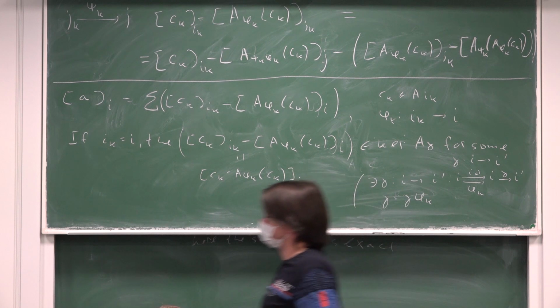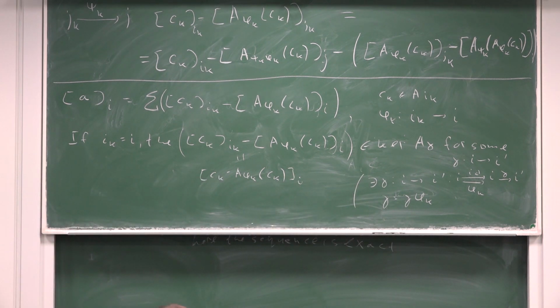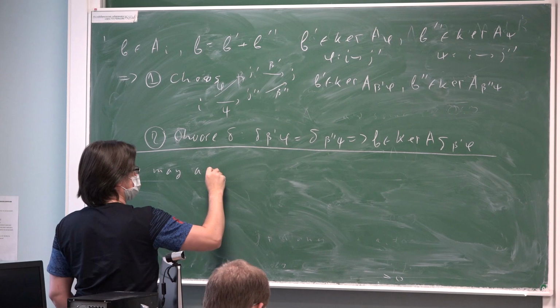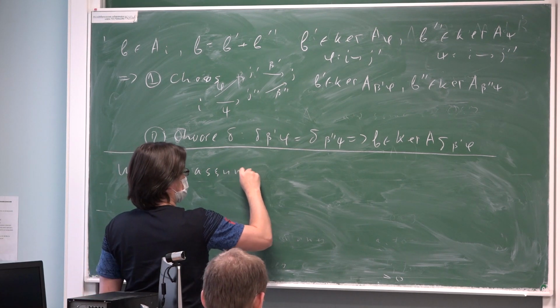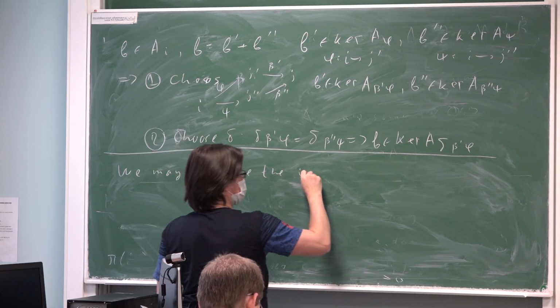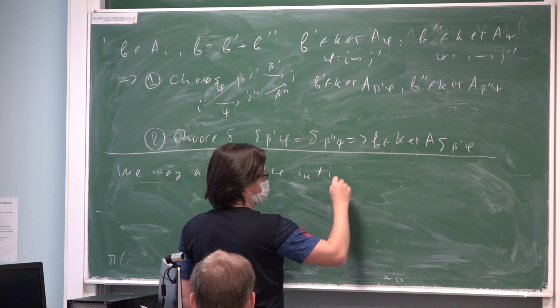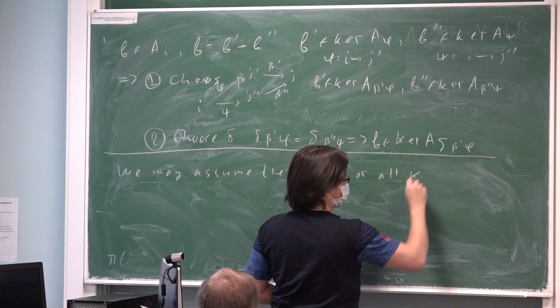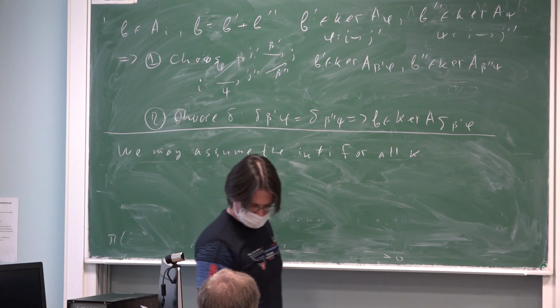So we may assume that i_k is not equal to I for all k.